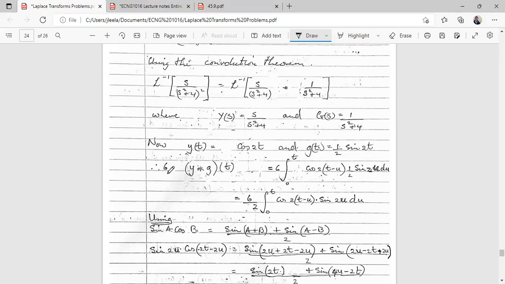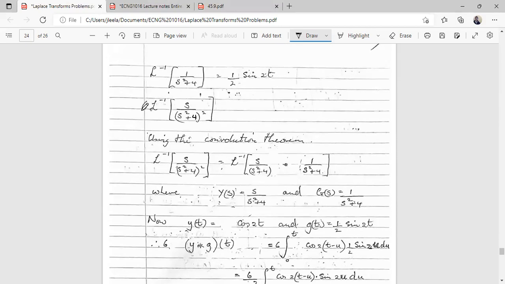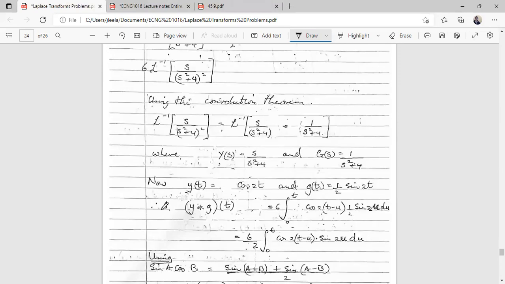Now the reason why I put 6 here is because we have to multiply by 6. Right? So remember that. So y convolved with g of t, these two functions, is equal to the integral between 0 and t of cos 2, and wherever you see a t, you replace it by t minus u. So your variable t becomes t minus u.